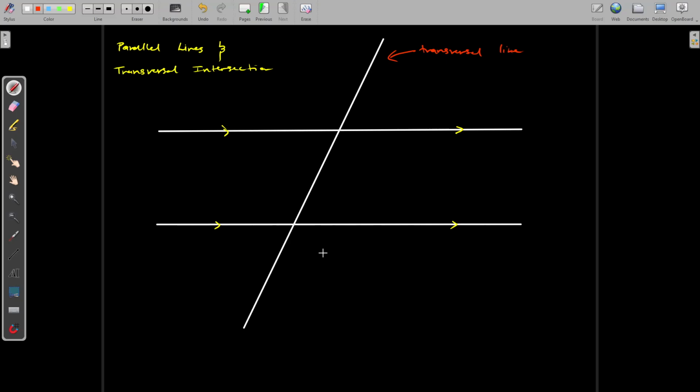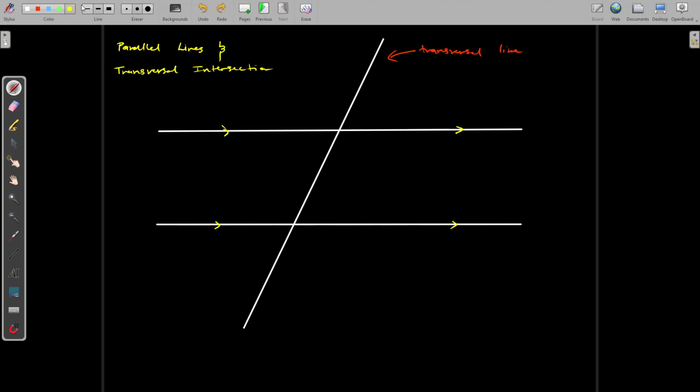Now, once a line cuts through parallel lines, it's going to form 8 angles. So we can see those 8 angles, right? 1, 2, 3, 4, 5, 6, 7, 8. Correct? So we have 8 angles being formed once a line cuts through parallel lines. Now, there are many angle properties that we can identify from this.